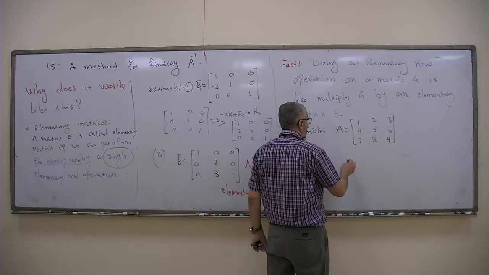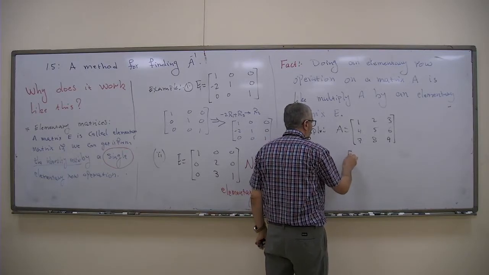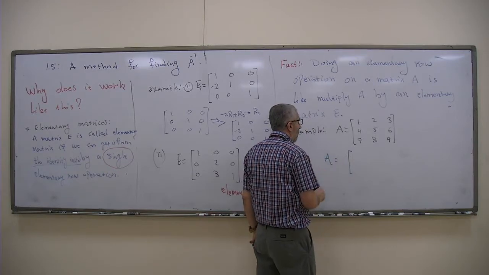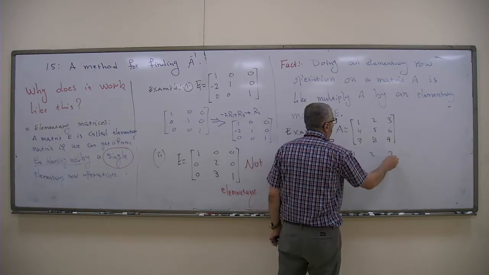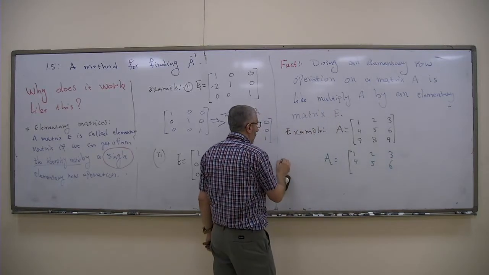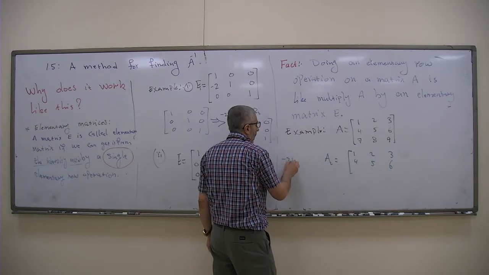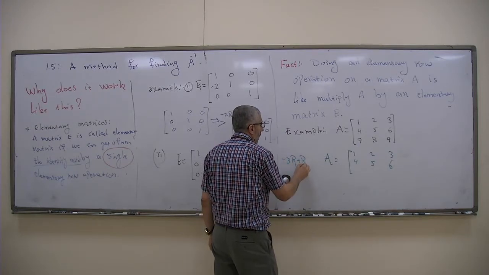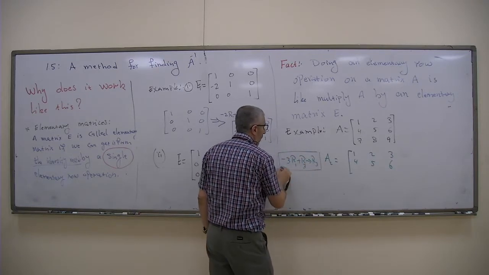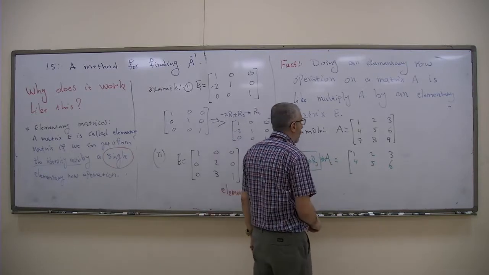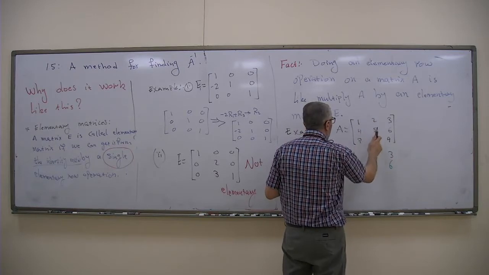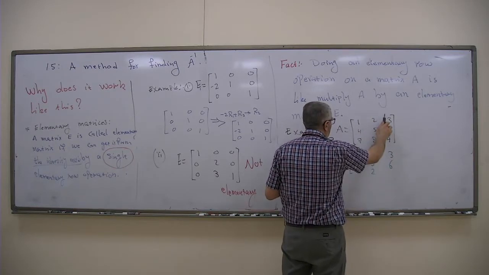So we get matrix A2: 1, 2, 3, 4, 5, 6, and here 4, negative 6 plus 8 is 2, and negative 9 plus 9 is 0.